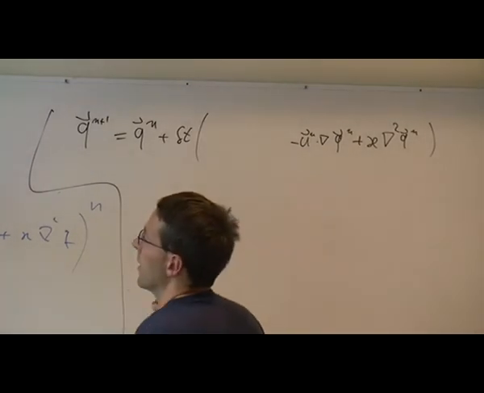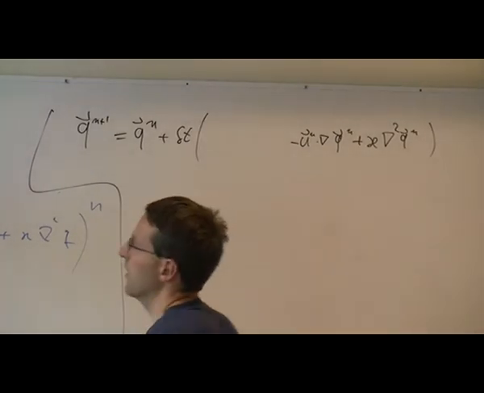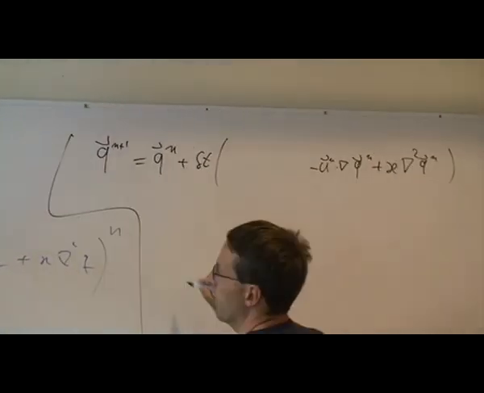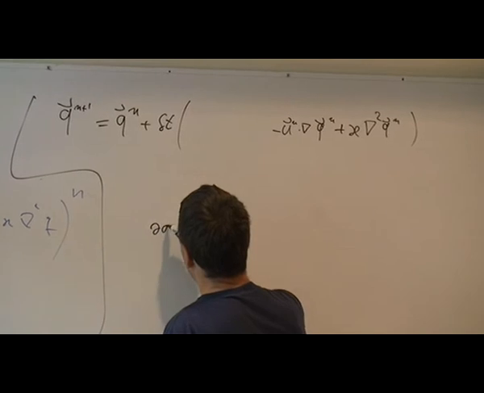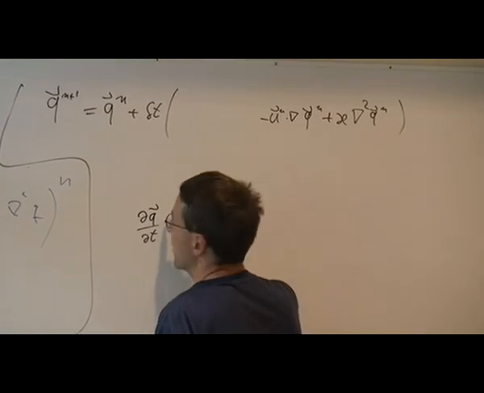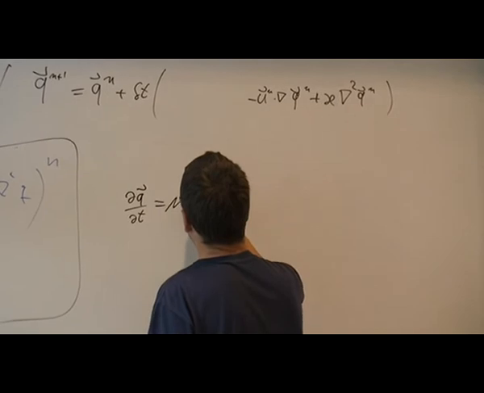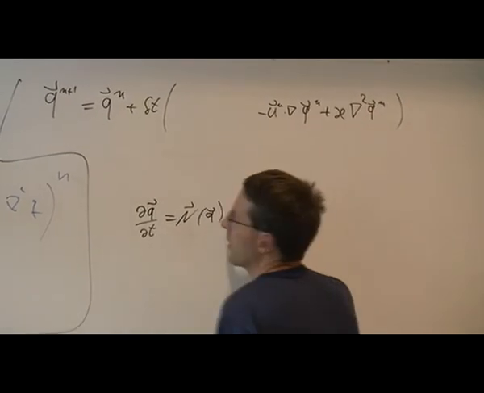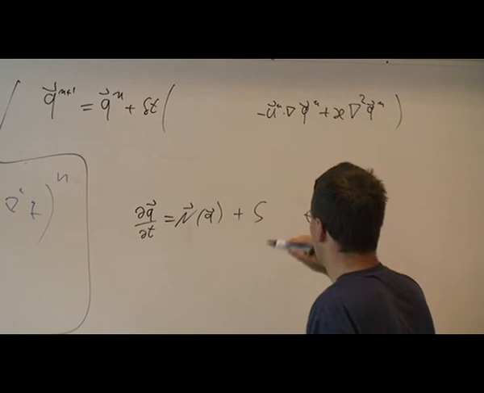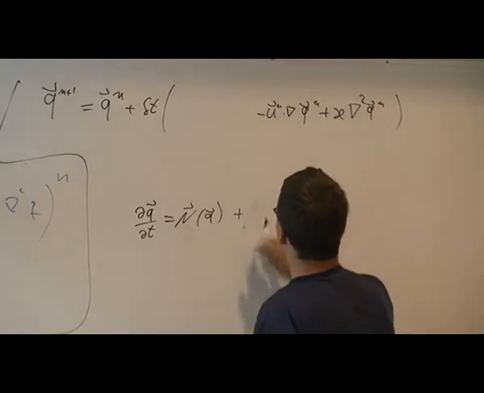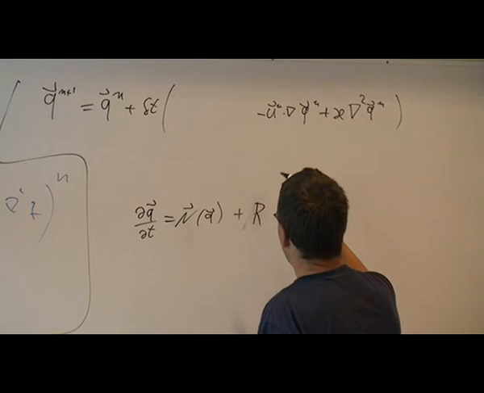Now, if we have a solver for the problem dQ by dt is N of Q plus, I don't know, S, R I think we call it, plus R for constant R. Let's do that for constant R, I think that works.